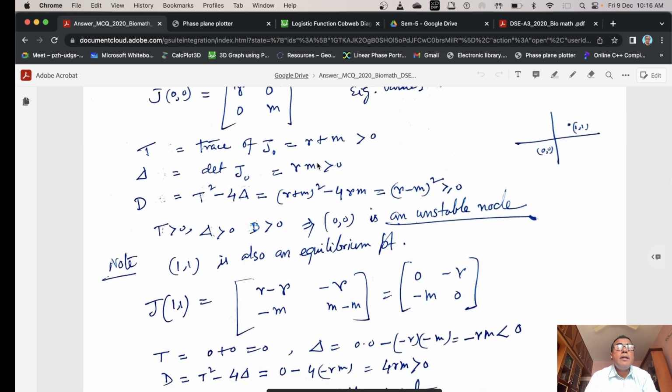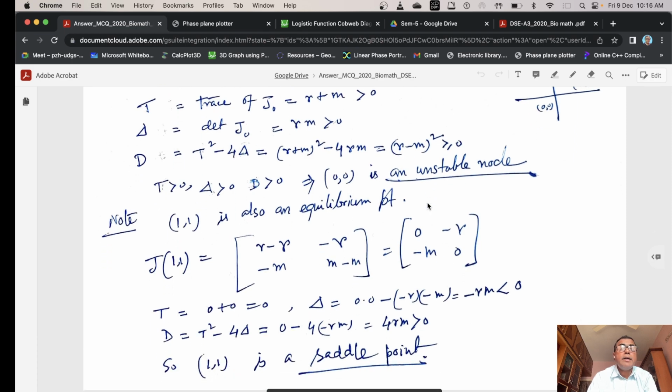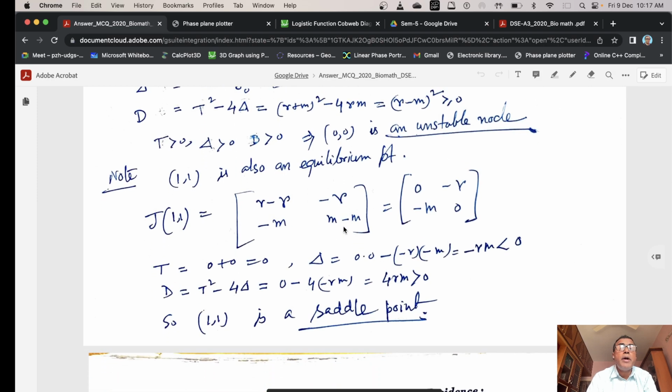So we get the trace T greater than 0, determinant delta greater than 0, and the discriminant is obviously greater than or equal to 0. So (0,0) is an unstable node. This is the correct answer.